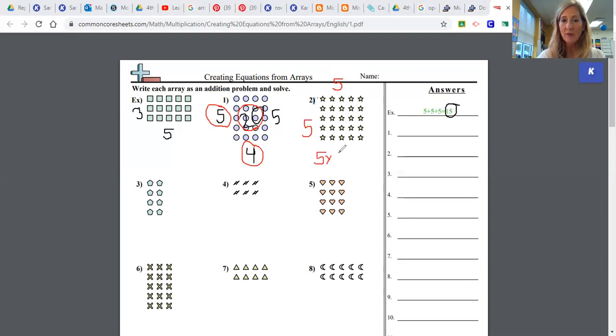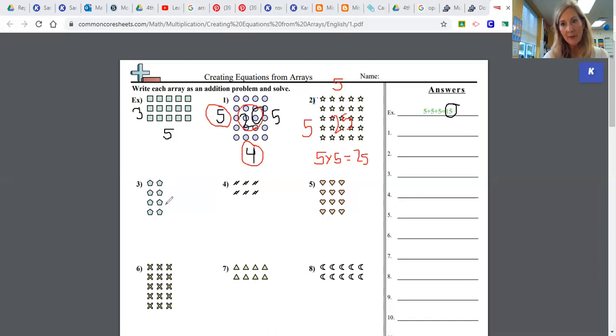And I bet you already know the product. 25. Yep. Let me finish writing that. Okay, and again, we're going to write it right here in the middle. So I know, okay, there's 25 stars there. Factor, factor, product. How many groups? How many in a group? Total.